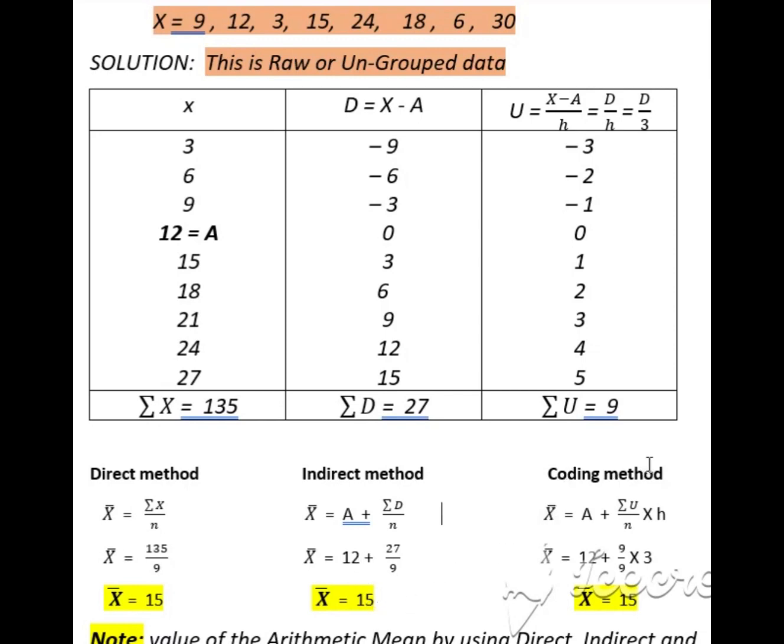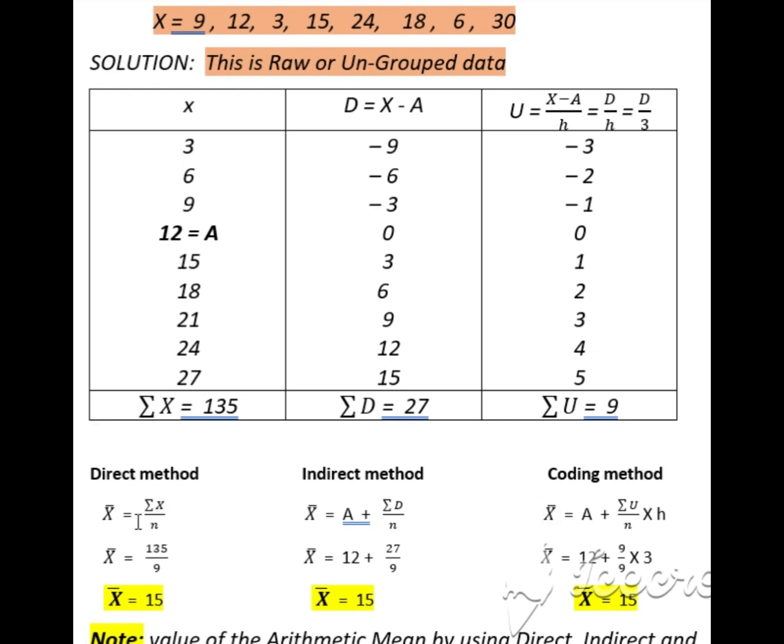Now for coding method, let me explain the difference between direct method, indirect method and coding method.